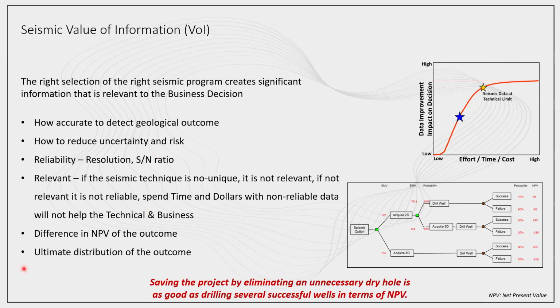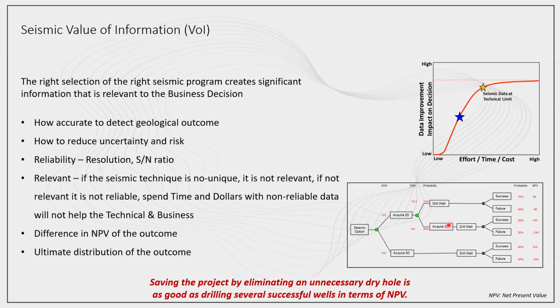So we use the seismic value of information tool through a decision analysis flowchart. We have here what's called a flowchart, and we are using the NPV, net present value, with the percentage of success and failure across the flowchart.